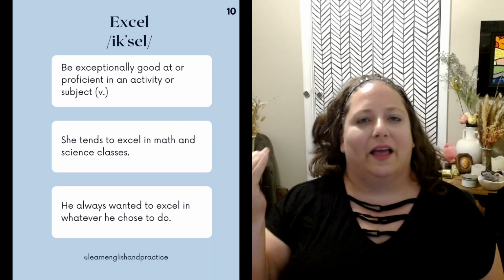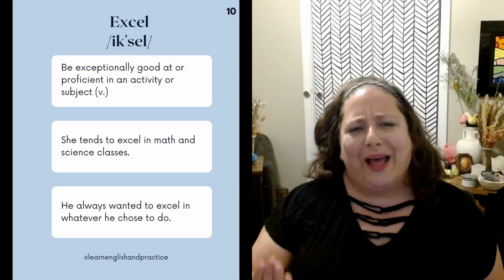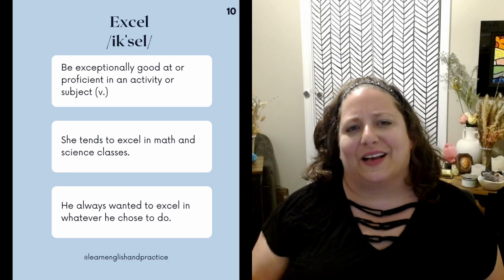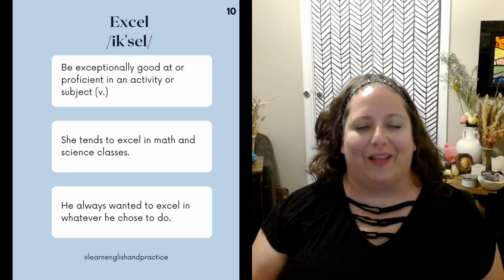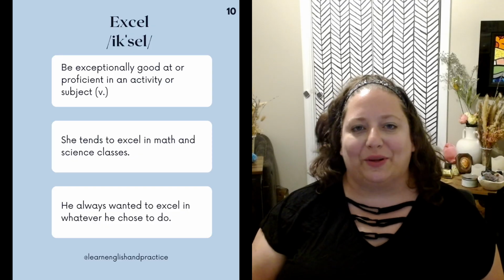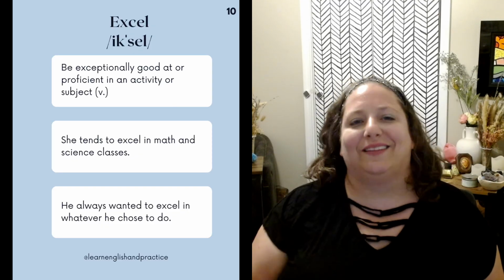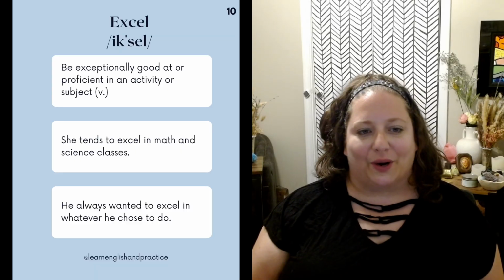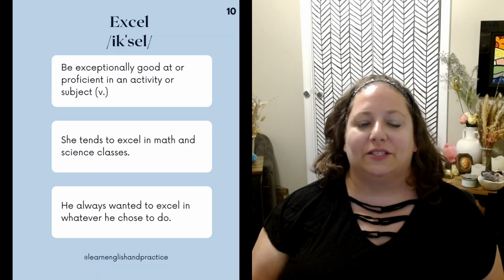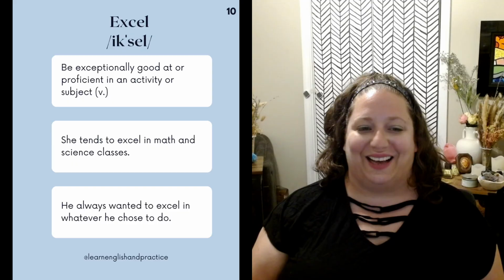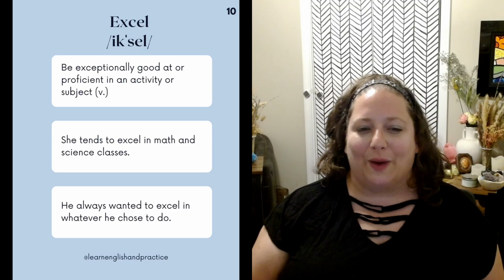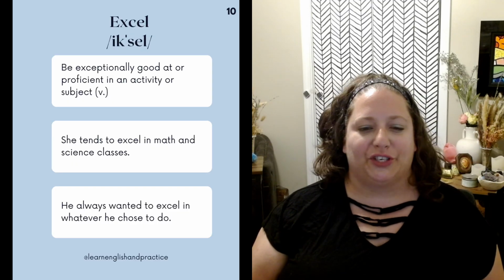I'm curious. Anyone who's watching this video, go ahead and say what you excel in the comments below. I know we bring a lot of talents to the table, and I'd love to hear what you excel in. Examples of this word include, she tends to excel in math and science classes. He always wanted to excel in whatever he chose to do.